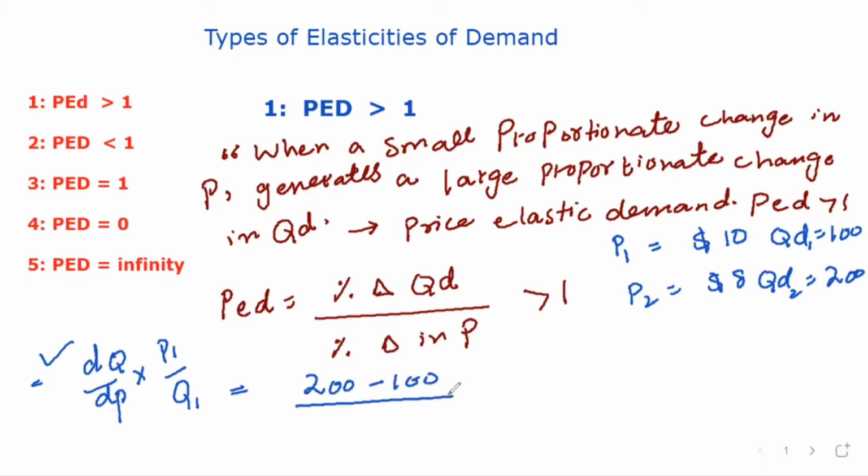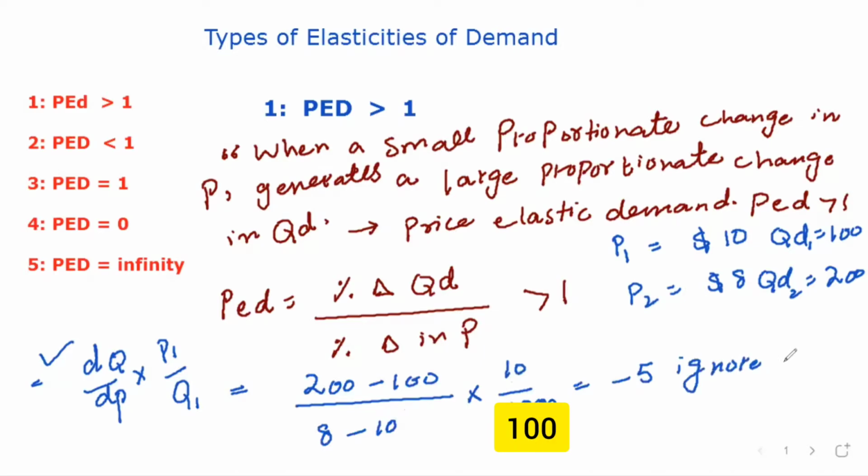This is delta Q over delta P, 8 minus 10, into P1, 10, and Q1, 100. So when we calculate, the answer will be minus 5. So ignore the negative sign, as I told you earlier, because this sign shows the negative relationship between price and quantity demand. So it means price elasticity of demand is equal to 5 here.